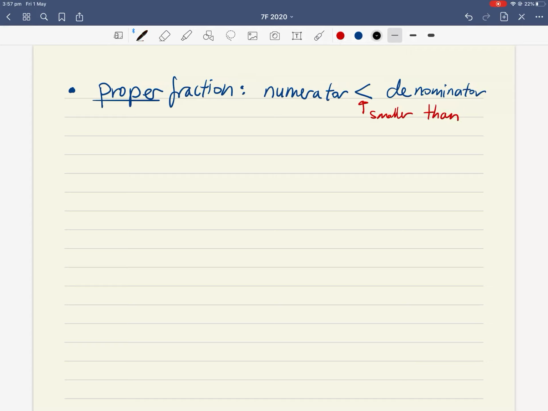So for example, 2/3, or 2 out of 3, would be a proper fraction, because the number on top, 2, is less than, smaller than the number on the bottom, which is 3. Another example of a proper fraction would be 7 out of 50, because the top number, 7, is smaller than 50.